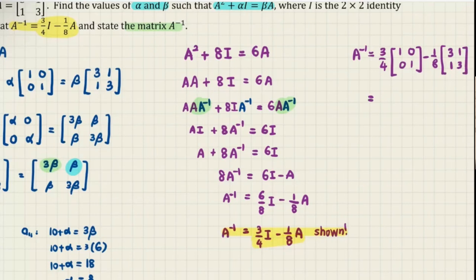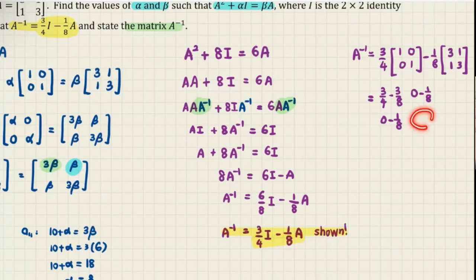So kalau kita buat operasi, setiap elemen ini akan didarabkan dengan 3/4 dan setiap operasi ini akan didarabkan dengan 1/8. So it will be 3/4 minus 3/8. Lepas tu kosong tolak 1/8, and then 3/4 darab 0 akan dapat 0. So 0 minus 1/8 again.